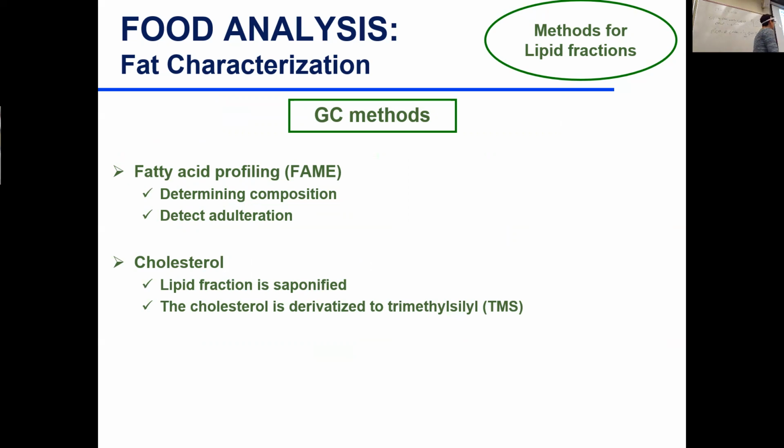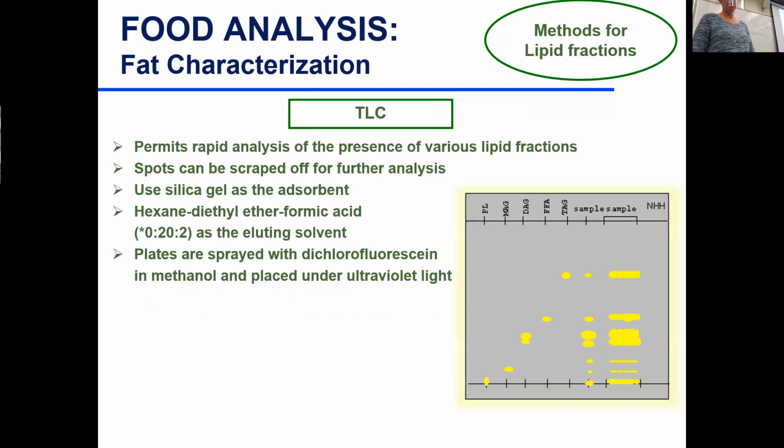So you get rid of the fatty acids and you take the cholesterol that cannot be saponified, and then you derivatize it, obviously, because cholesterol is not thermally stable and non-volatile. You derivatize it to trimethylsilyl, TMS. And then you follow with GC analysis.